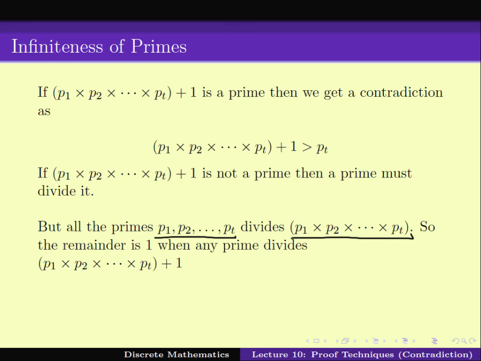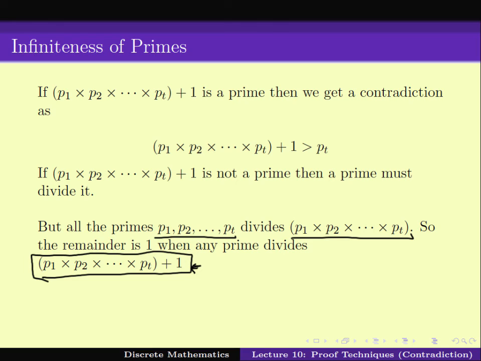So when we divide the product plus 1, this number, by any number, say, does P1 divide this number? When you divide this number by P1, what remains? The remainder is 1. Similarly, when I divide it by P2, the remainder is 1. Similarly, when I divide it by the prime PT, the remainder is 1. Or in other words, none of these primes P1 to PT divides this new number.